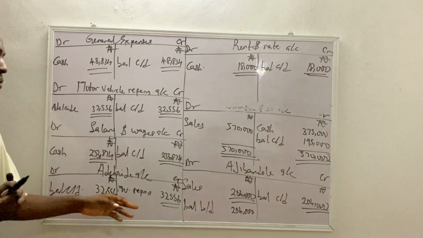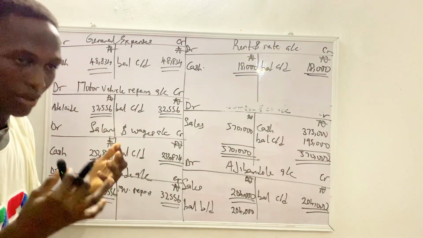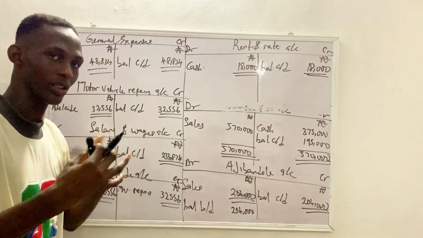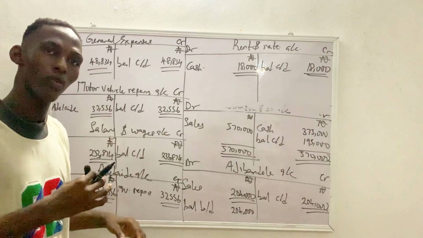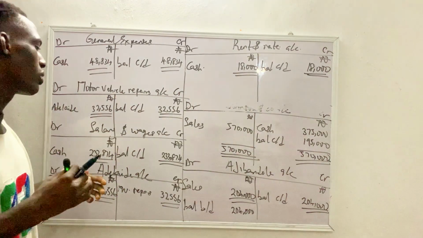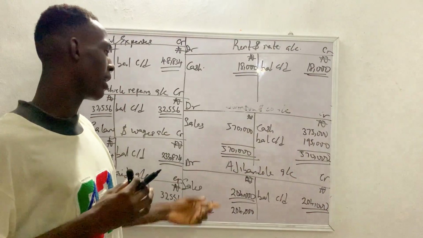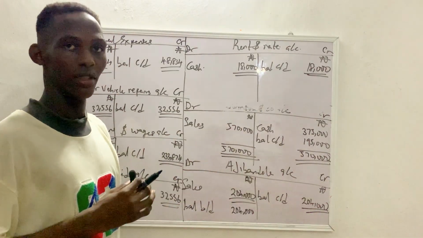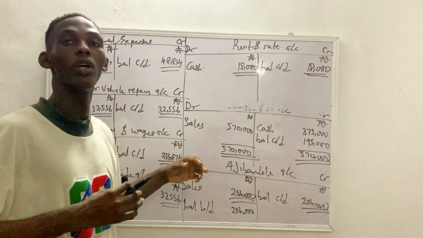Some I did not bring our balance brought down, although it is necessary, but due to time constraints, because I'm trying to be more realistic with you as a student. You might not have time to be doing balance brought down all the time for every transaction, or you might probably forget. So this is what you do. For example, let me start with this. This is Ajibandi. I did not label it, whether it is an expense, a receivable or a payable.